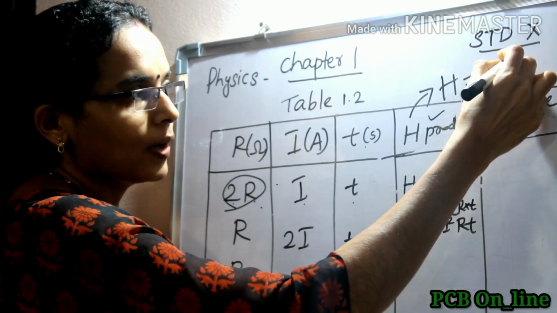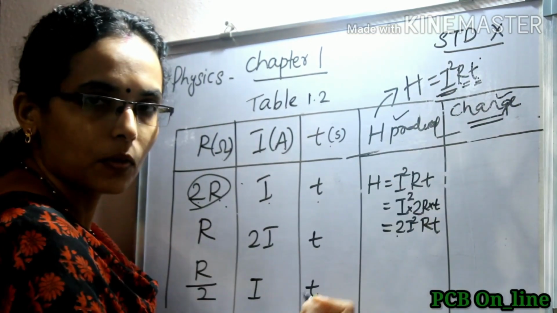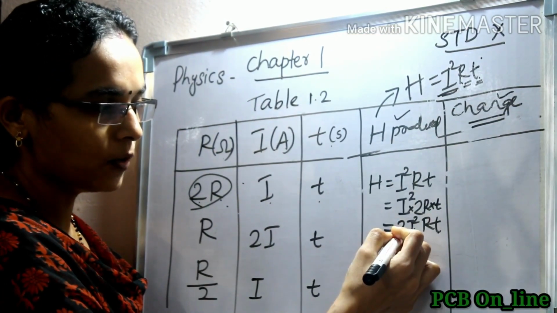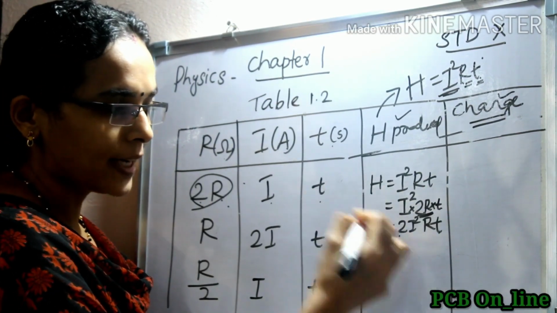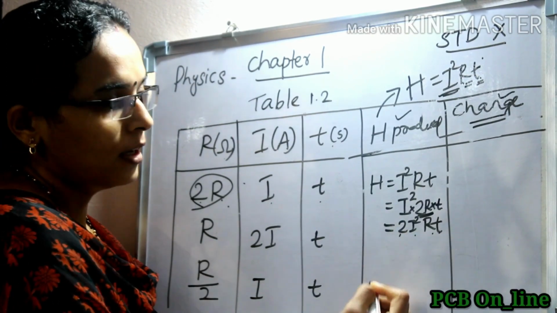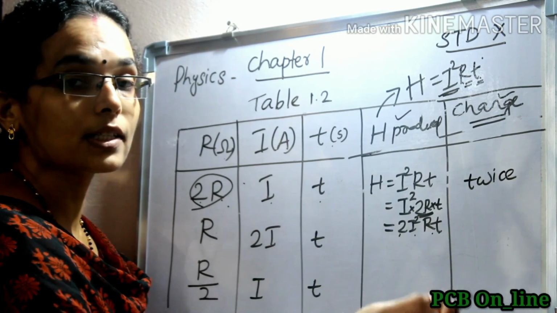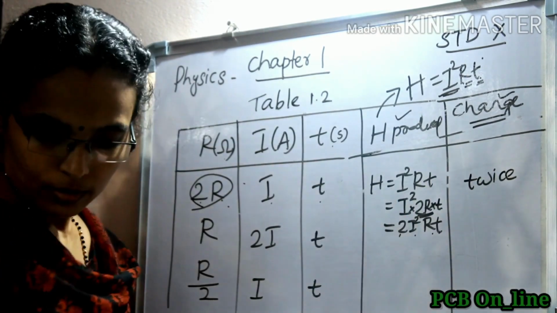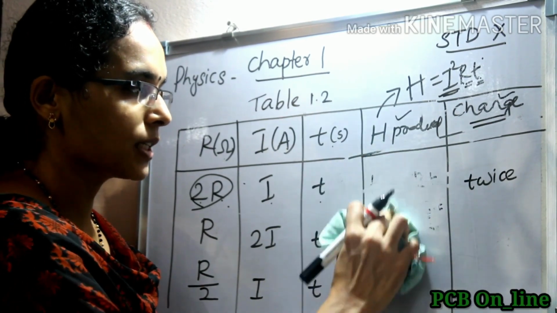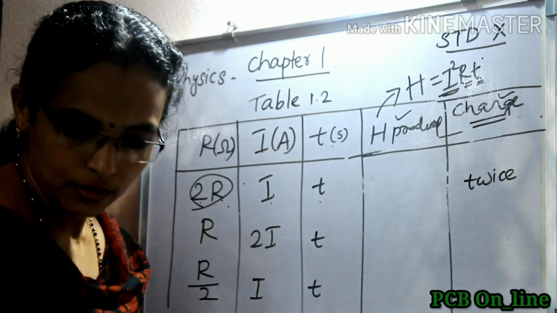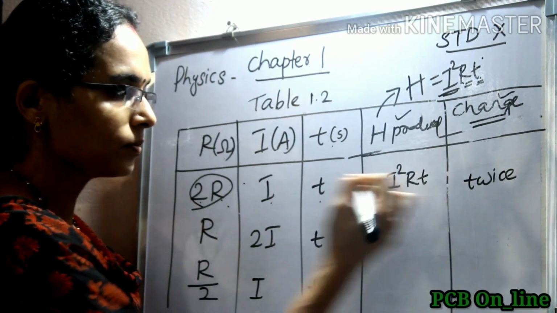Initially I square RT was the heat generated, and now when we increase the resistance to 2R, the new value of H is 2I square RT. So the change is twice. Heat generated increases 2 times. You have to do this calculation in your workspace and give the value here as 2I square RT.